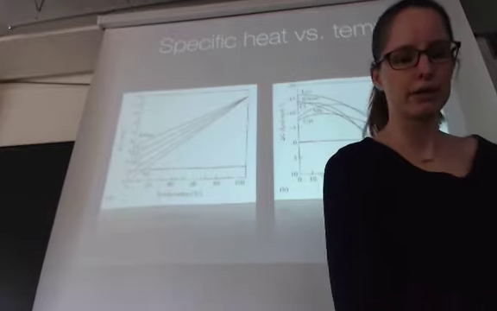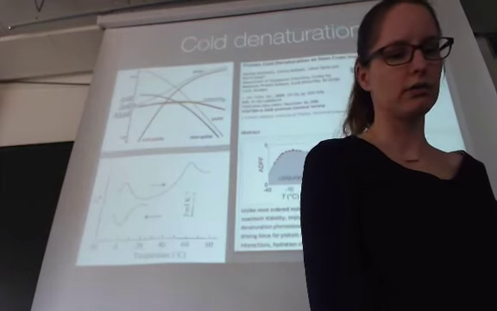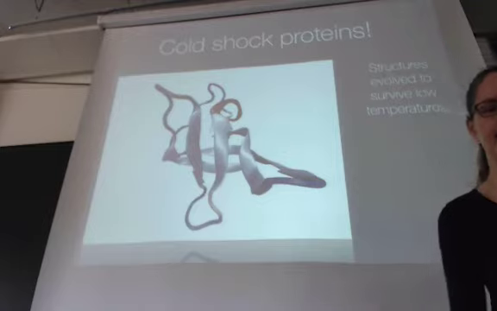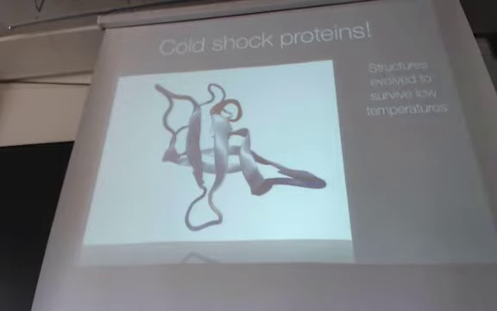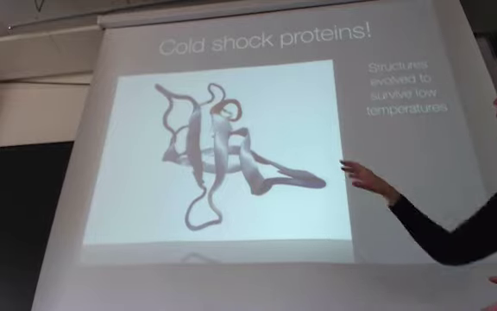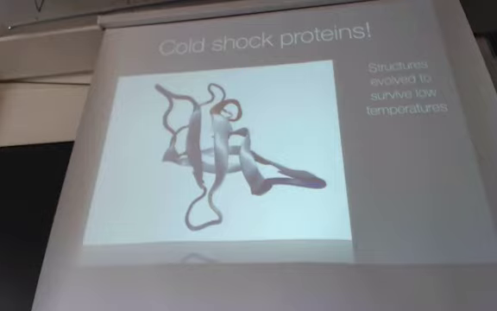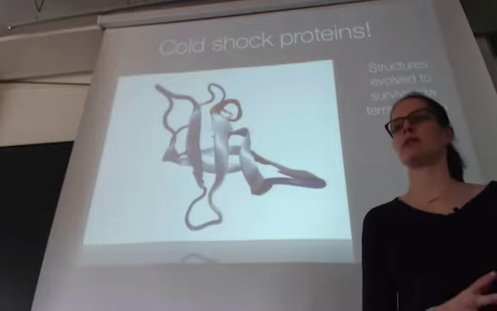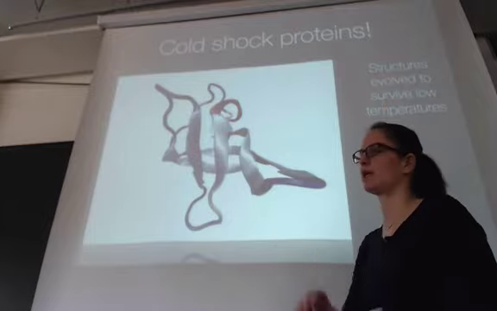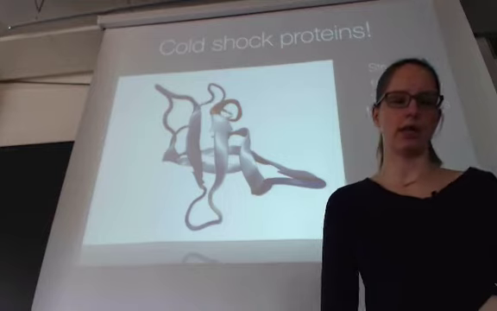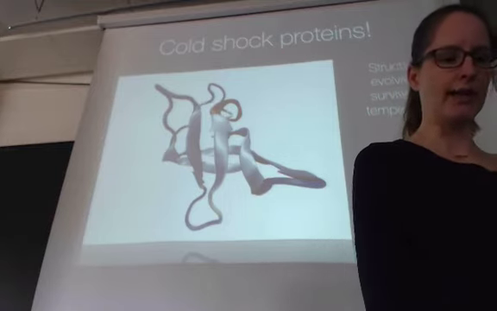And there's a reference there if you care to read about it. This is why some organisms that live in very cold environments had to evolve the so-called cold shock proteins. Typical proteins unfold at low temperatures, but through natural selection, you can get proteins that are actually stable at low temperatures.